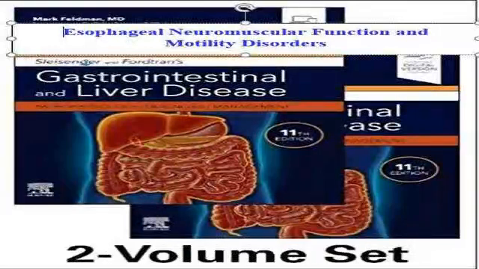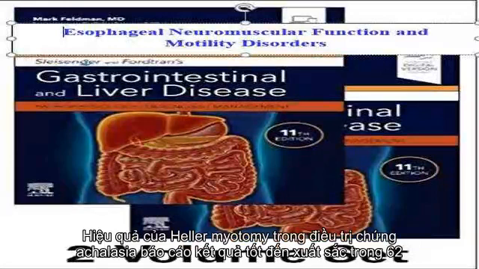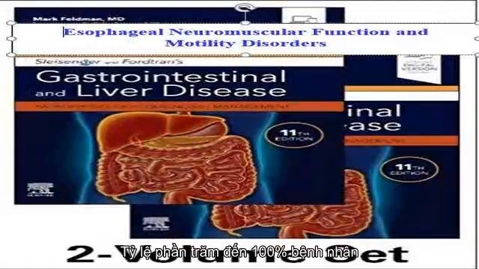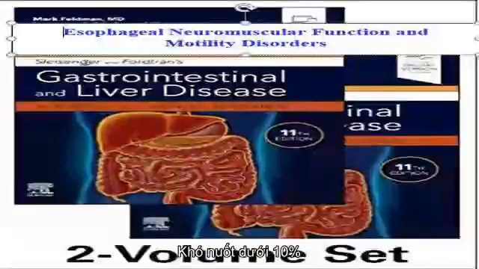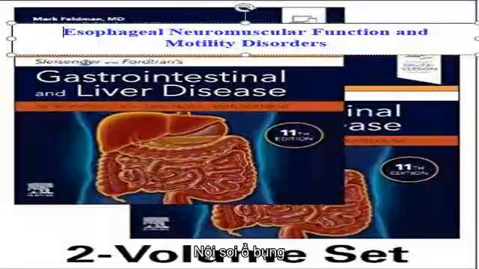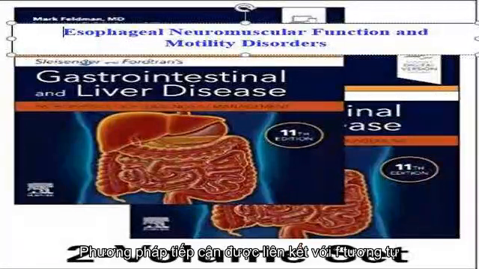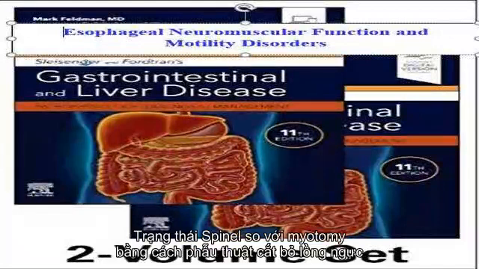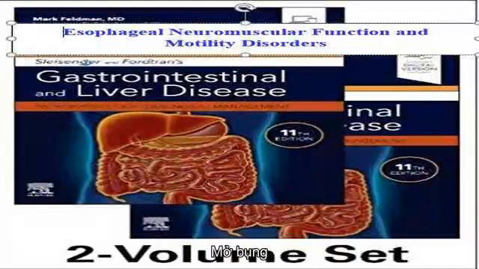Published series of the efficacy of Heller myotomy in treating achalasia report good to excellent results in 62% to 100% of patients, with persistent dysphagia in fewer than 10%. The laparoscopic approach is associated with similar efficacy, reduced morbidity, and shorter hospital stay compared to myotomy via thoracotomy, laparotomy, or thoracoscopy.